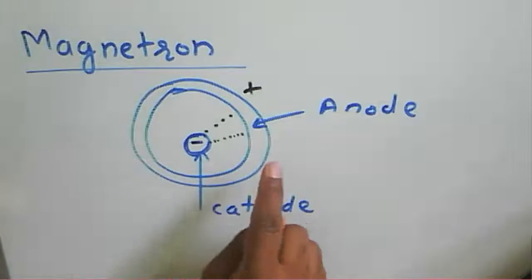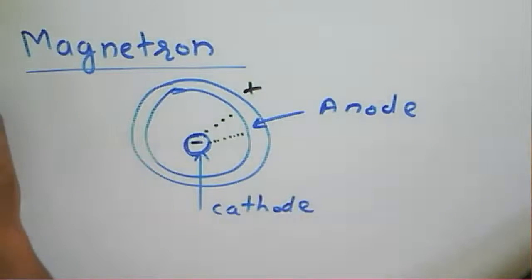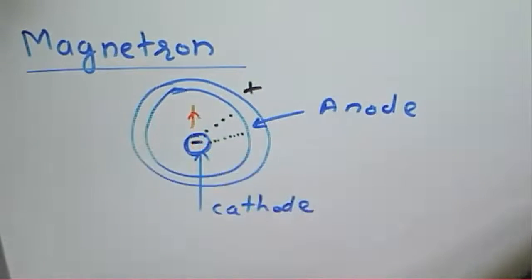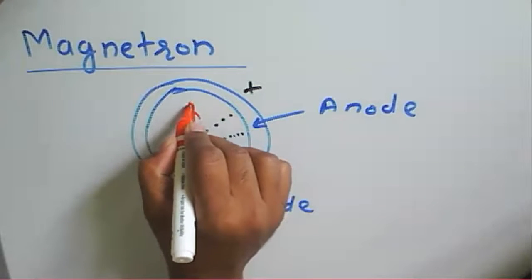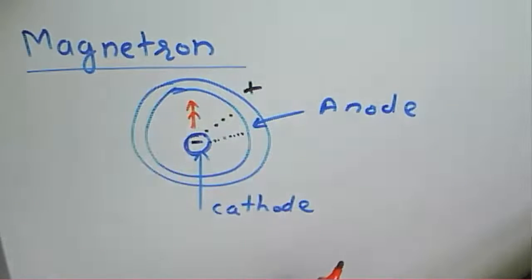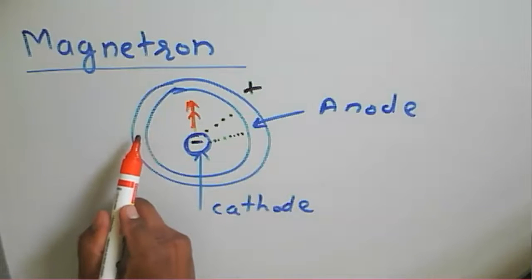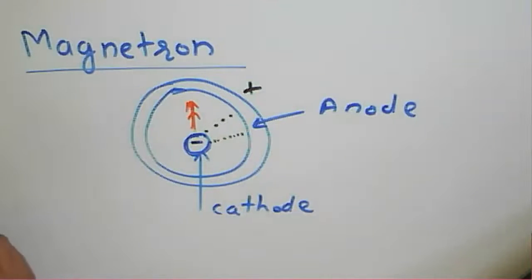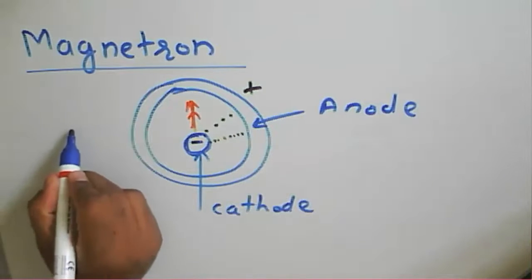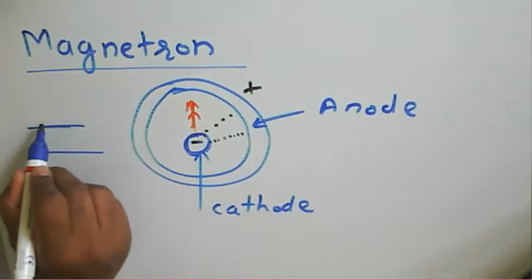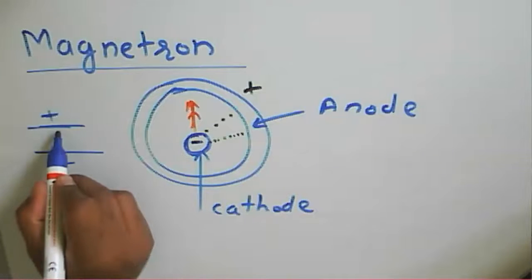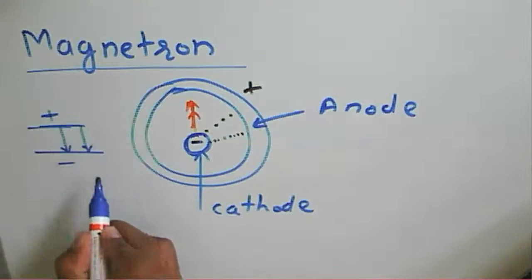Now this is the motion of electrons: from the cathode to the anode. Since this one is positive and this one is negative, consider a capacitor with a positive plate and a negative plate: the field emanates from the positive and terminates at the negative.